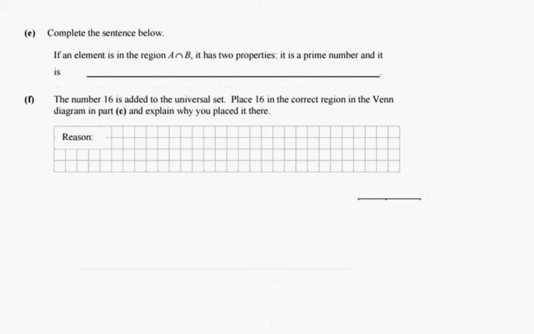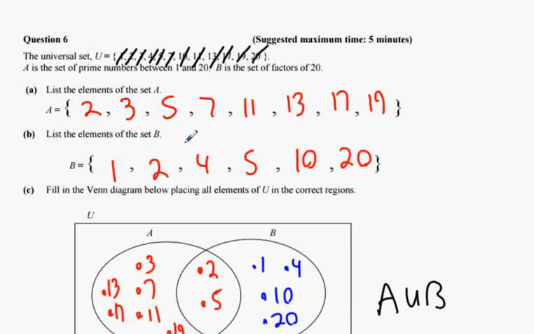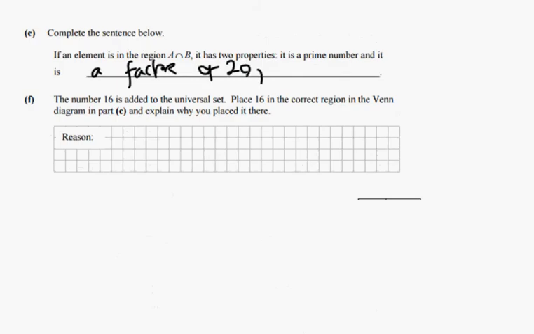Now, complete the sentence below. If an element is in A intersection B, it has two properties. It is a prime number and it is a factor of 20. It has to be both. The number 16 is added to the universal set. Place 16 in the correct region. 16 is not a prime number or a factor of 20, so 16 goes on the outside.